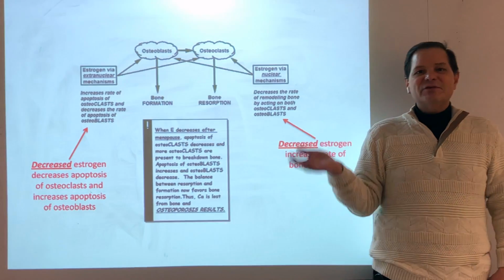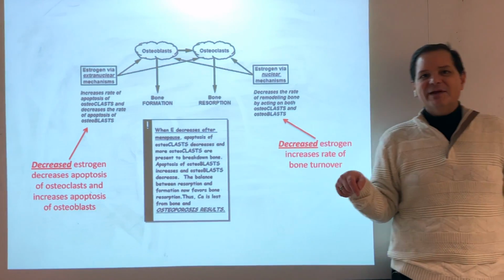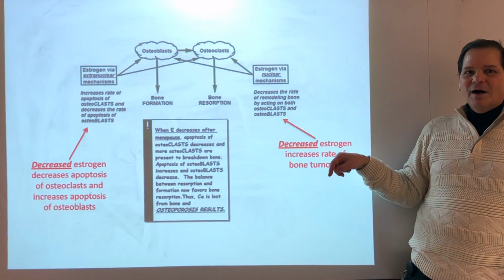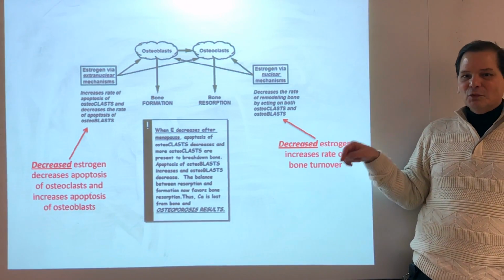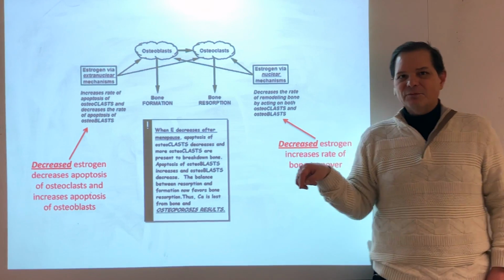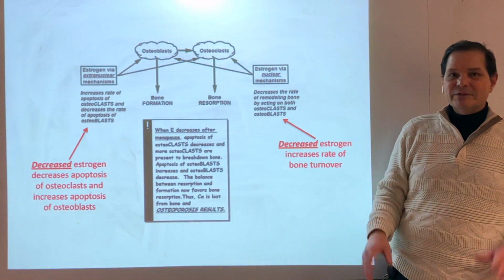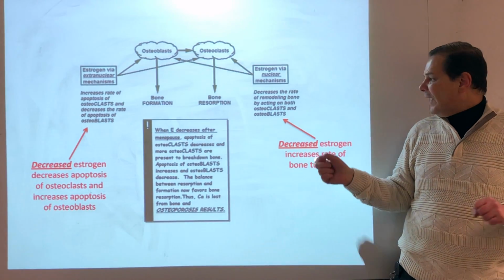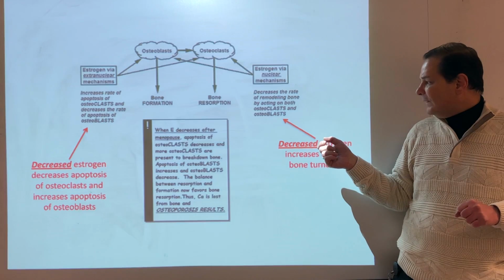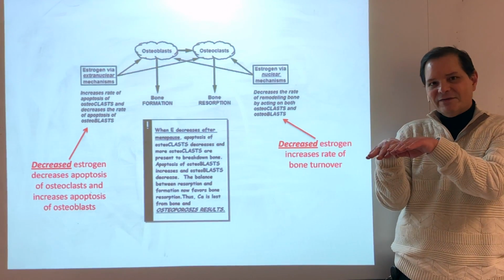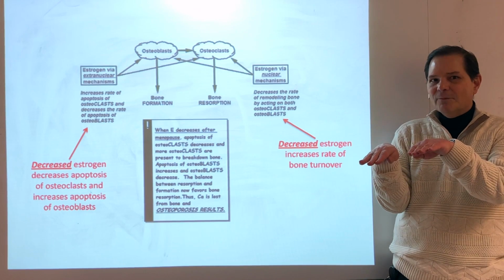In the case of estrogen and testosterone, they decrease the rate of bone turnover, and they do shift the balance toward bone formation. But in the case of the nuclear receptors, it seems, oddly enough, that the osteoblastic and osteoclastic activity balance out.